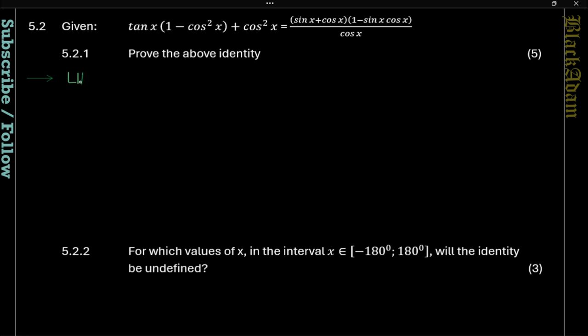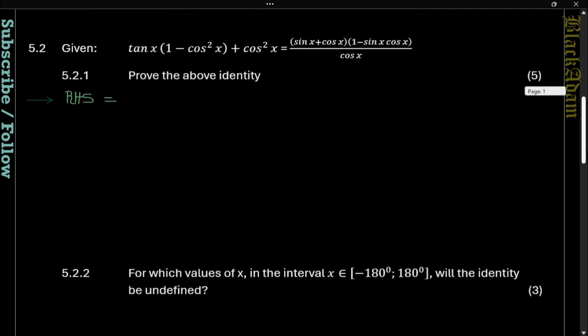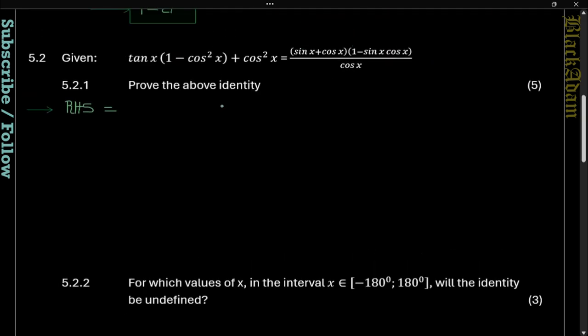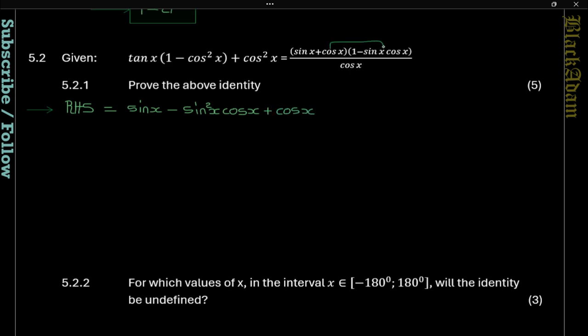Now we look at the next question, 5.2.1. We are given the expression above there, and we need to prove it, so we're going to use the right hand side. That times that gives us sine x, that times that gives us minus sine squared x cos x, and that times that gives us positive cos x, and that times that gives us minus sine x cos squared x.